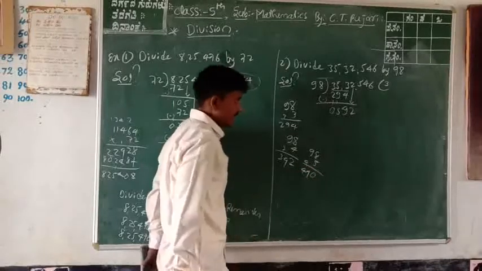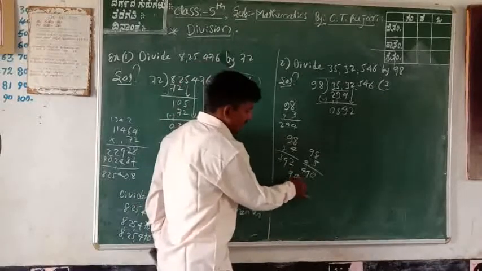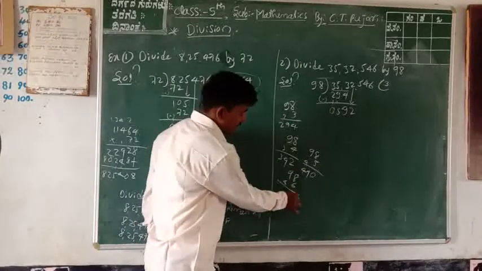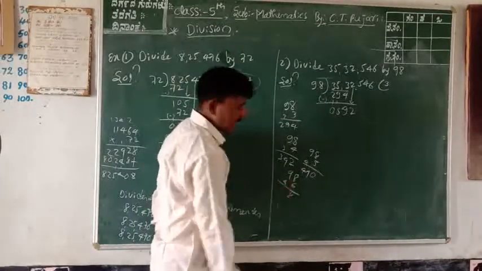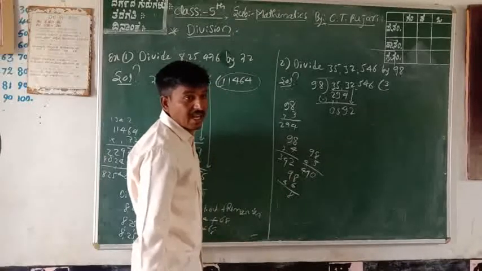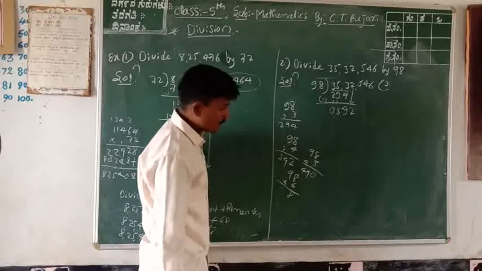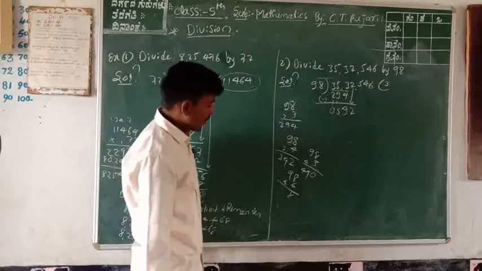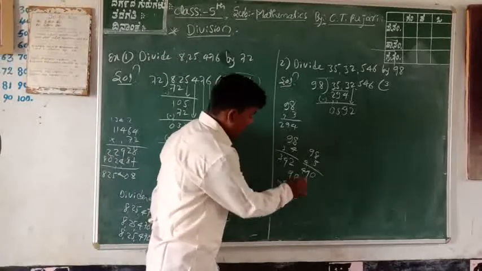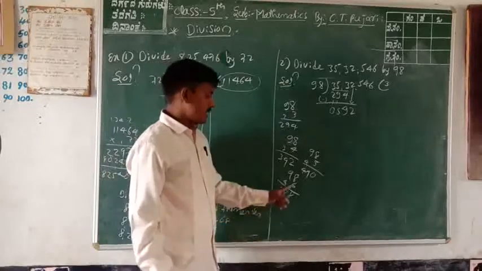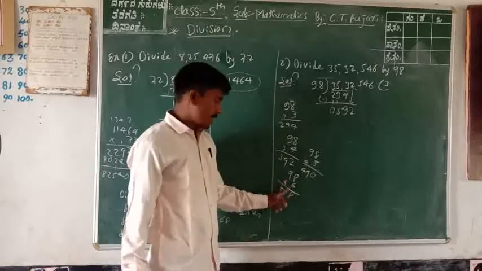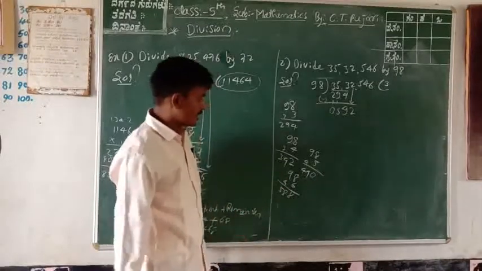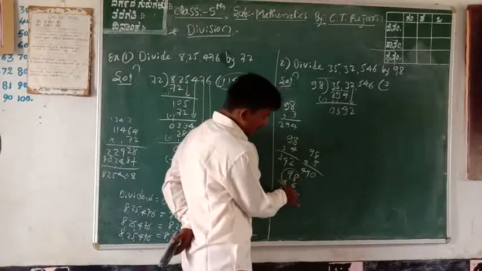Again you can take 98 6s. 6 8s are 48. 6 9s are 54. 54 plus 4 is 58. Therefore, you can take 98 6s.